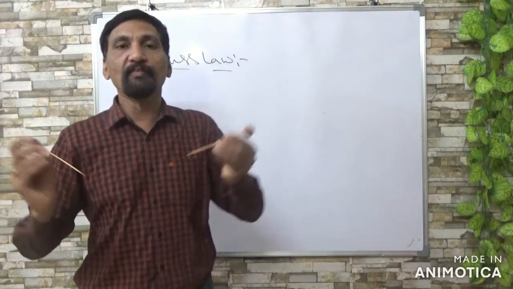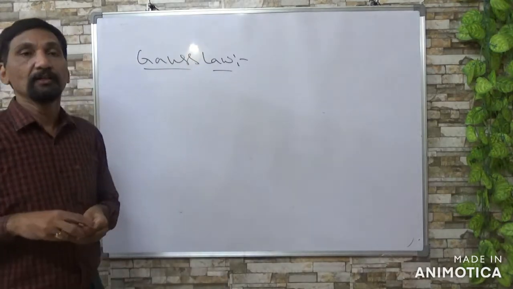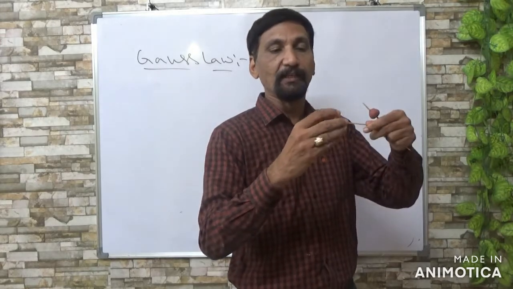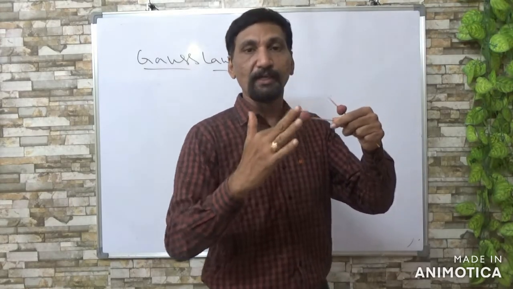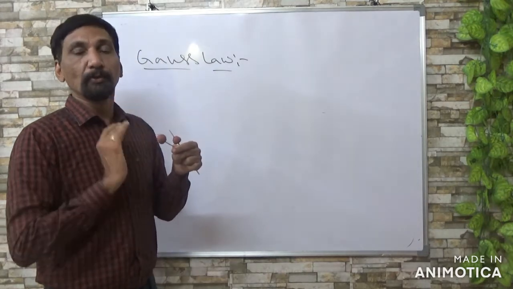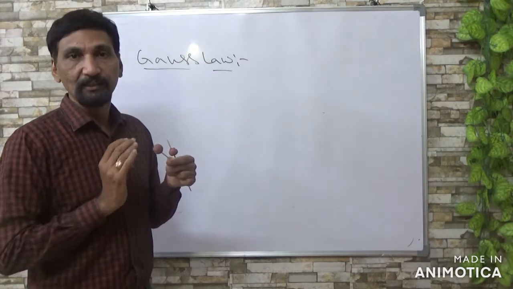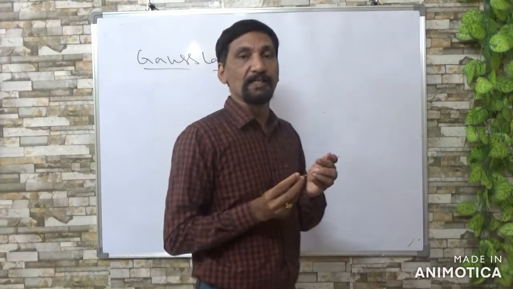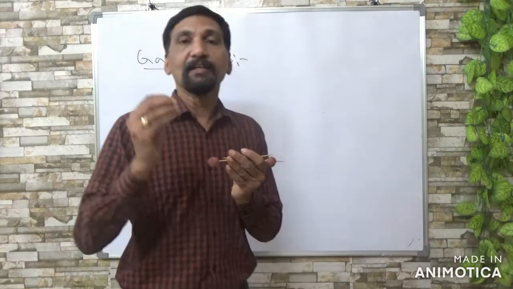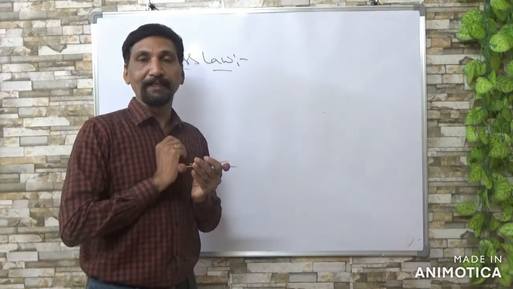Whenever a charge is moving, it will produce a magnetic field. You must have studied in electromagnetism, flow of current produces magnetic field. Now in such cases, when charge is moving, force is due to electric and also due to magnetic, right?